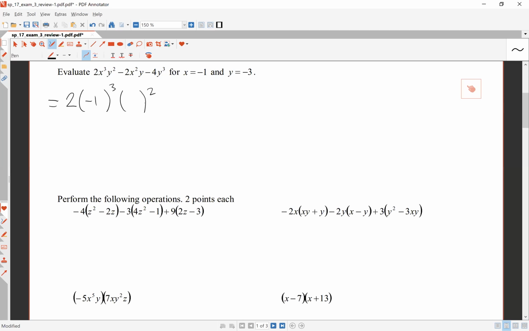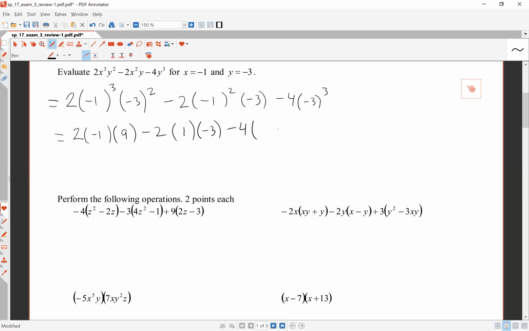X is -1 and y is -3. 2 times x squared times y minus 4 times y cubed. 2 times -1 cubed is -1, and -3 squared is +9. Minus 2 times -1 squared is 1 times -3. Minus 4 times -3 cubed is -27.